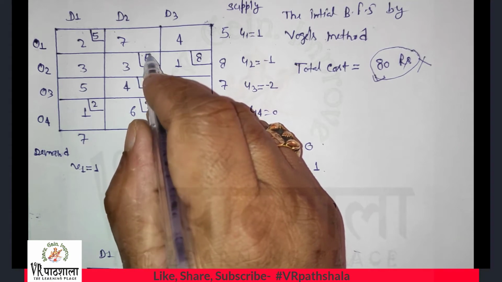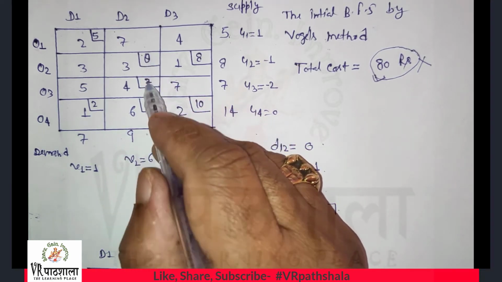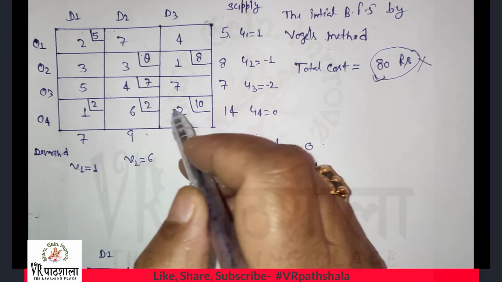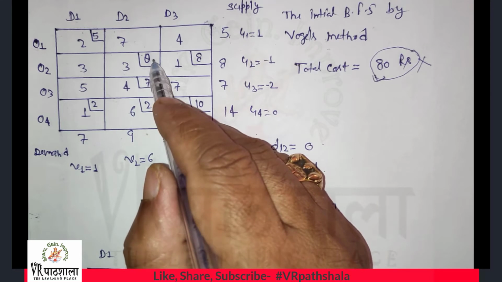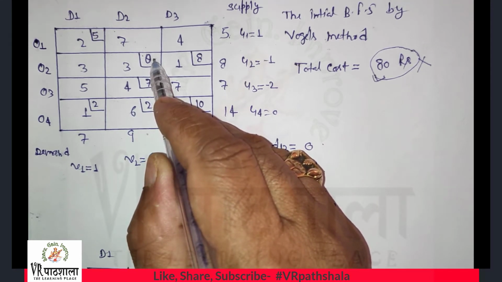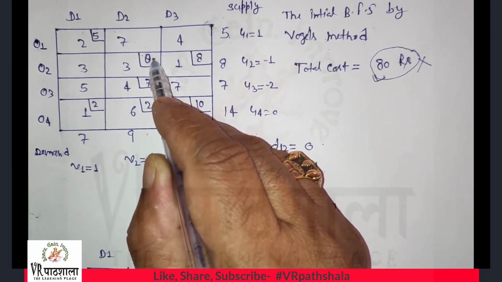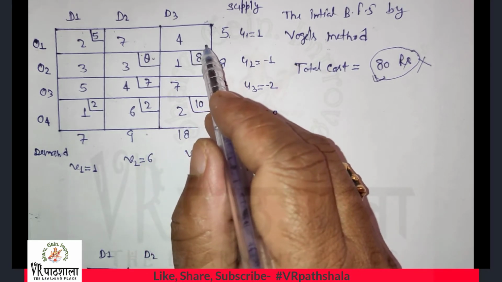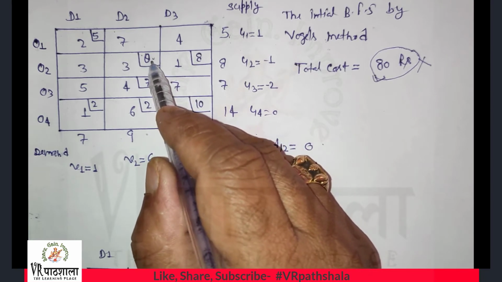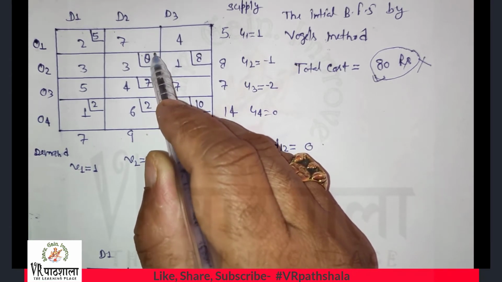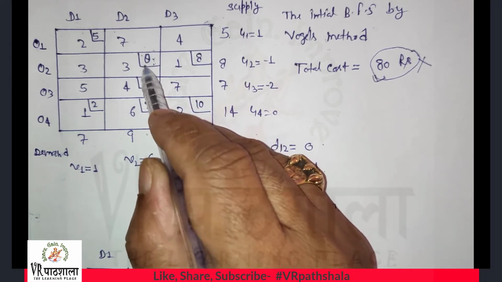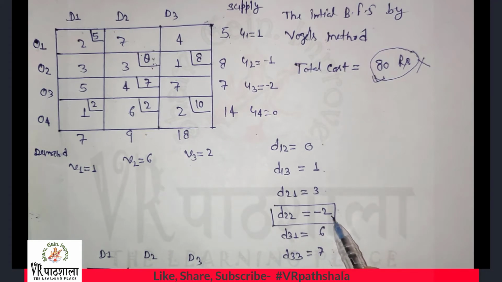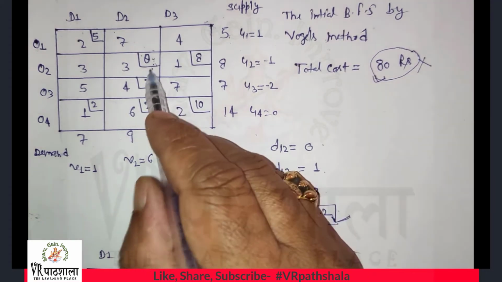We move from allocation to allocation and find a closed loop. We will end on the allocation where we started. So the theta is introduced in the cell whose net evaluation is negative, the D22 cell.